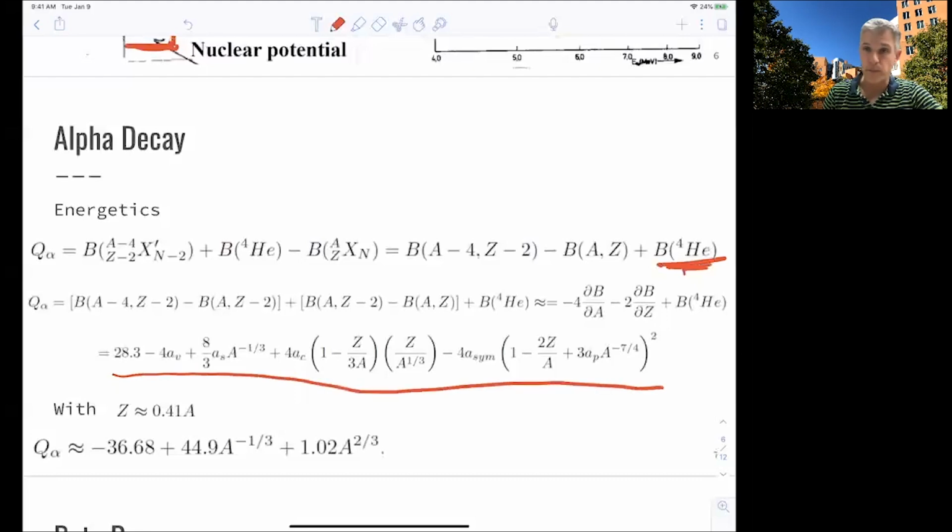And since we observe experimentally alpha decays only for heavy particles, in this discussion here we can assume that Z is approximately 0.41 times the mass number. And so the energy of the emitted alpha particle, for this to be able to occur, has to be positive. And so we find this to be possible for A values starting from about 150. Experimentally, we observe this to start happening at about 200.